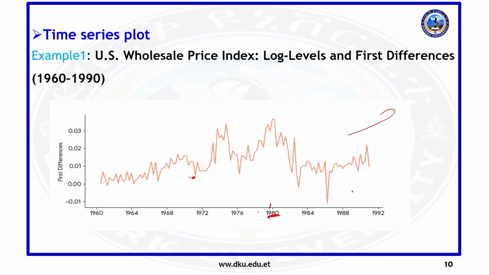This type of plot helps identify whether the series is stationary, that is, whether statistical properties like mean and variance are constant over time after differencing, which is important for many modeling methods.